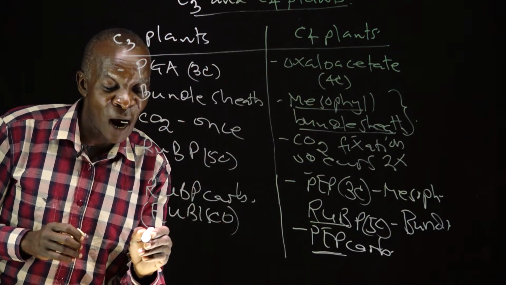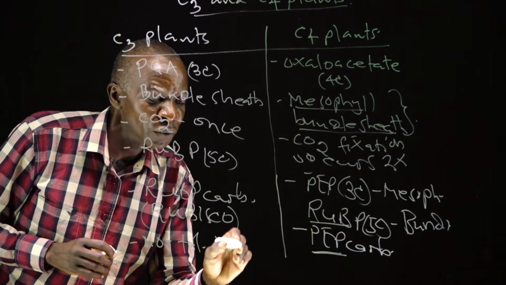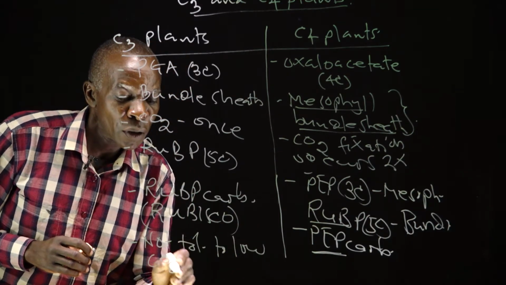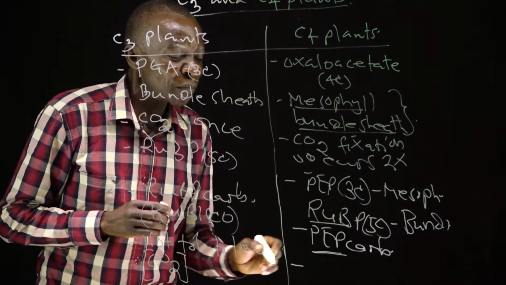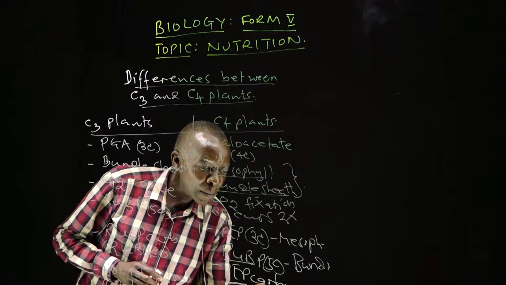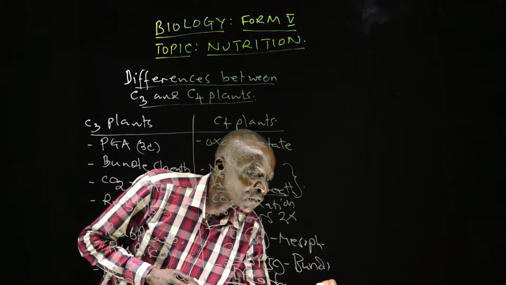So these are not tolerant to low carbon dioxide concentration, while the C4 plants are tolerant to low carbon dioxide concentration.